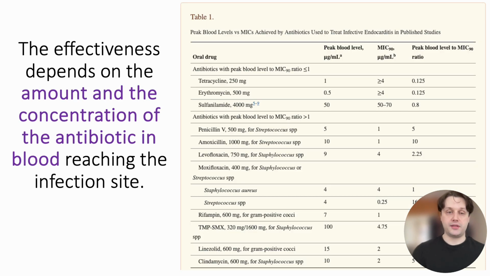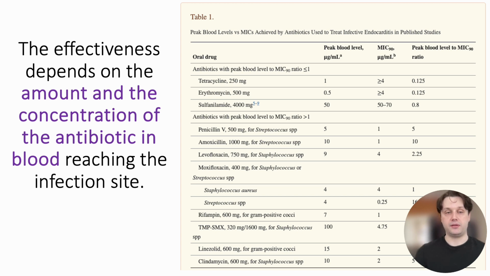So this is probably the chunk of why we actually start with IV versus PO antibiotics and can make that transition to PO eventually. The effectiveness of therapy, either IV or PO, really depends on the concentration of the antibiotics that will reach the region where the bacteria is present.